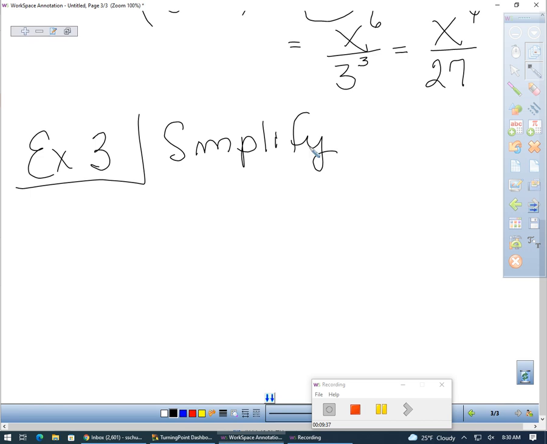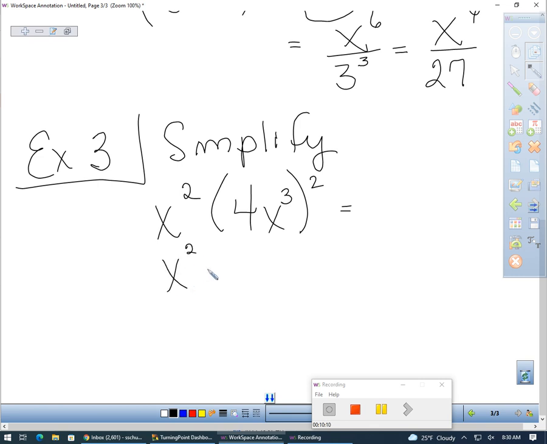All right. How about x squared times 4 x to the third raised to the second? Yeah, we have to do the exponent outside the parenthesis first. We need to get rid of the parentheses. That's step number one.